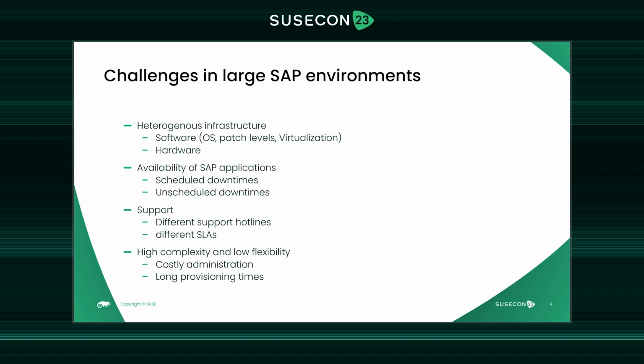So, for example, it can take really long to implement change requests that come from the business departments, such as provisioning a new system due to a business requirement. That can take a very long time because the IT department, the SAP basis department, is occupied with things that are necessary to keep the infrastructure running, but are not really productive and do not benefit their business. So this is all very challenging, and this is what we are trying to address with FlexFrame.